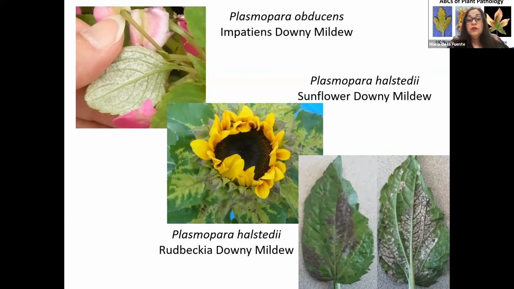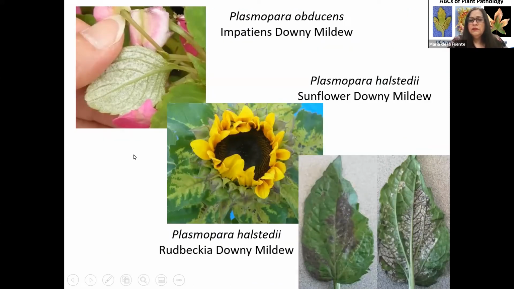This is how it will look also in sunflower, and the same organism attacks both sunflower and rudbeckia, and a different species attacks the impatiens.